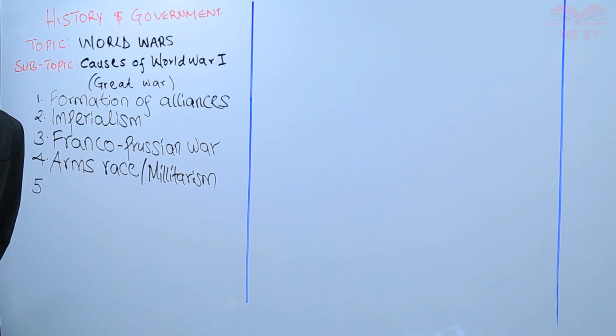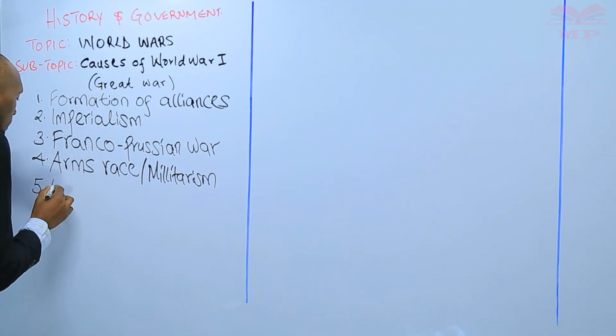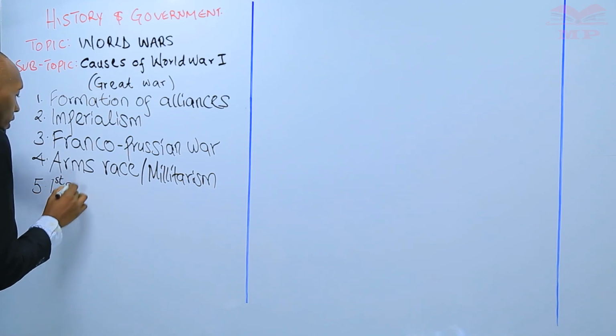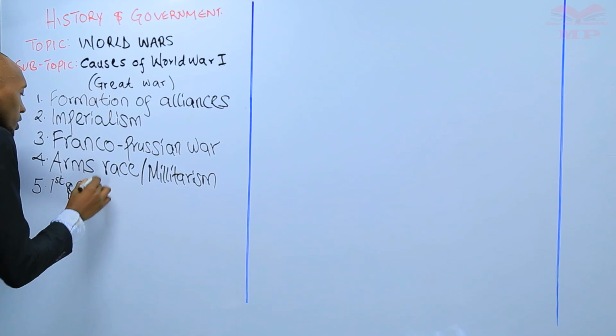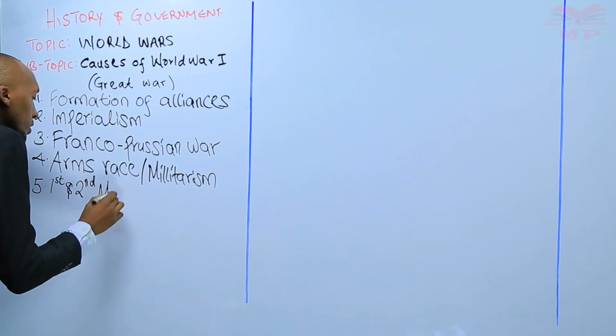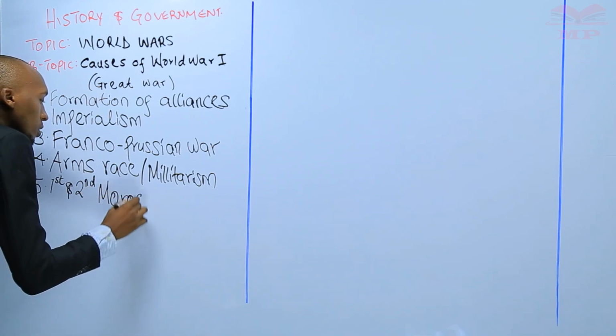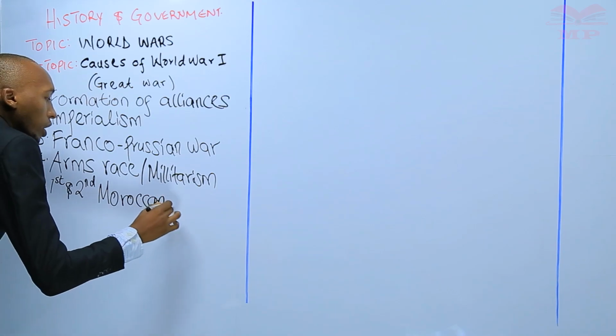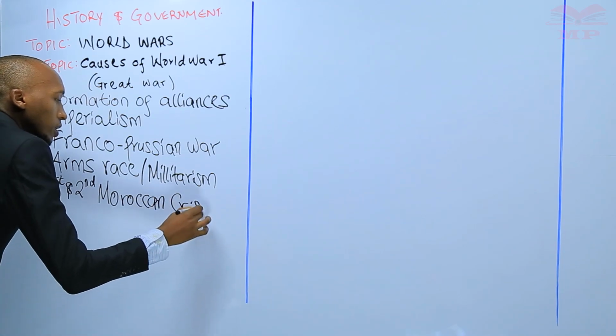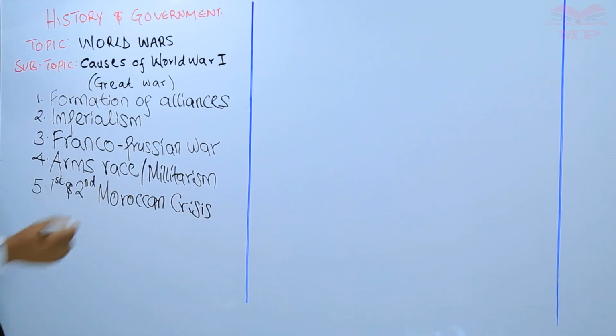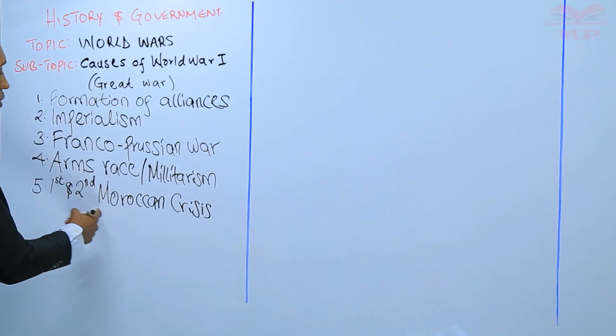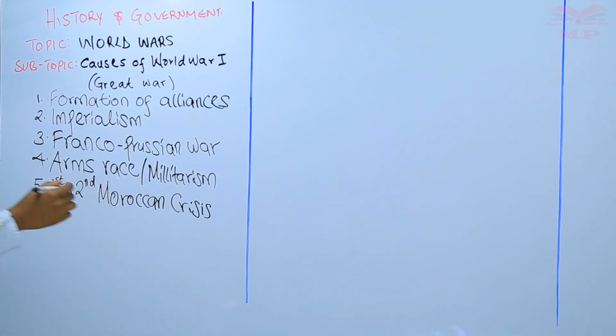And then number 5, we are going to look at the first and second Moroccan crisis. I'm sure you know a nation in West Africa known as Morocco, so we get the word Moroccan crisis.